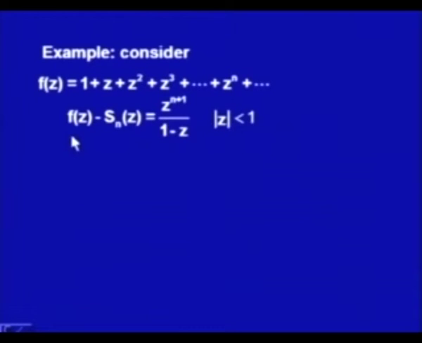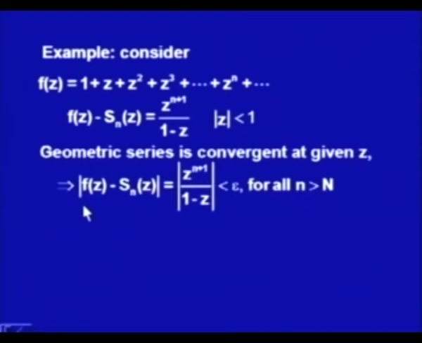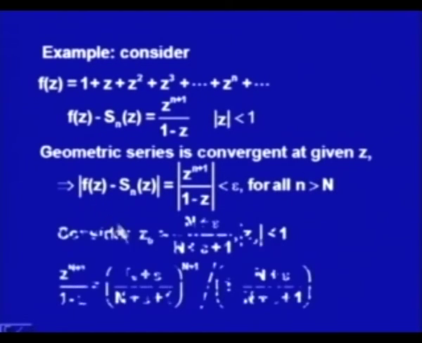This is the result which we have already established, and the geometric series is convergent at any given z. So, we can say that modulus of s(z) minus s_n(z) is equal to modulus of z raised to power n plus 1 over 1 minus z, less than epsilon for all n greater than n epsilon. So, this is for a given z.